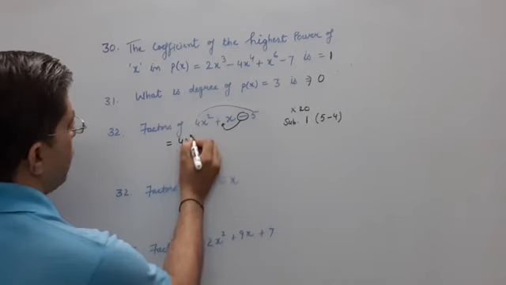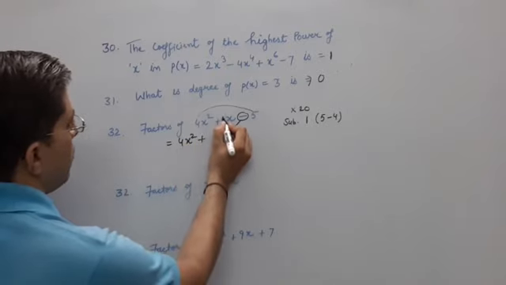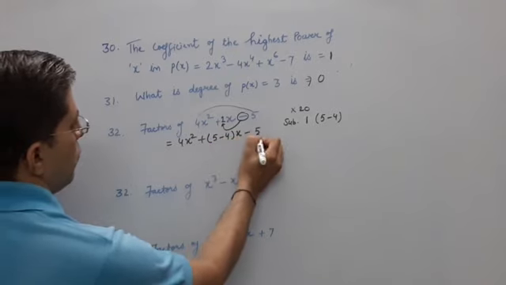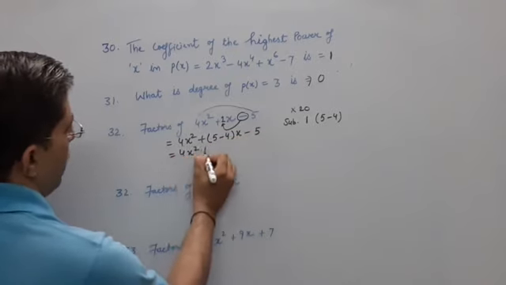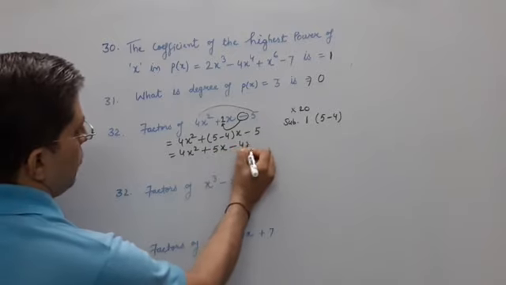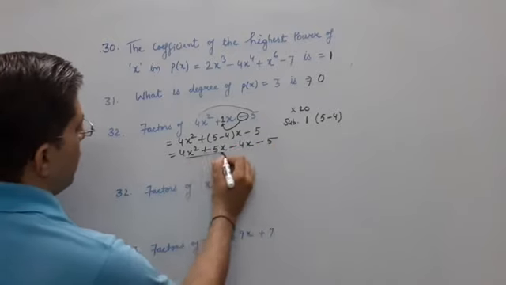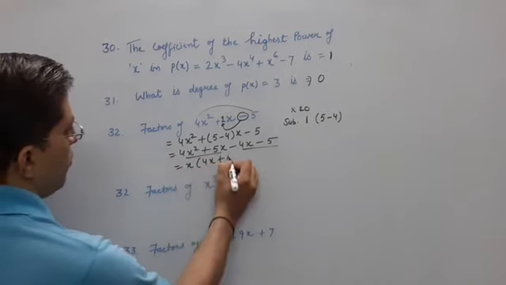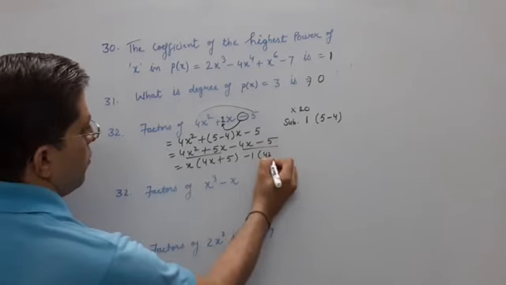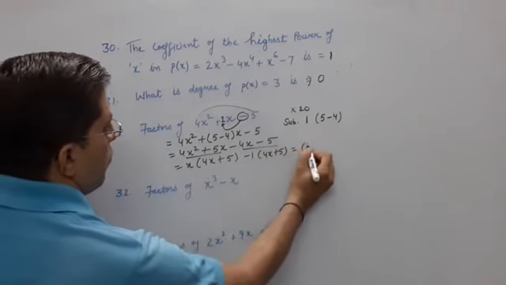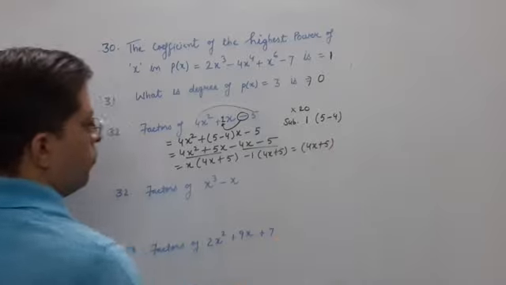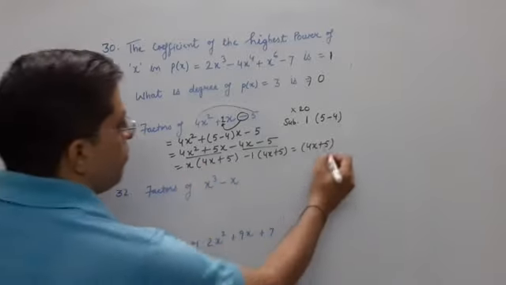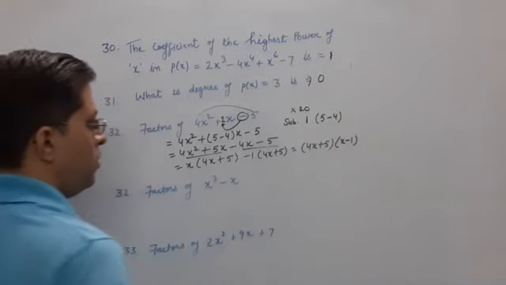See, 4x square, in place of 1 I am writing 5 minus 4. Okay, 4x square plus 5x minus 4x minus 5. Take common here. What is common? Only x. x(4x plus 5), then minus 1(4x plus 5). What is common? 4x plus 5 is common. What is remaining? x minus 1. That is x minus 1.